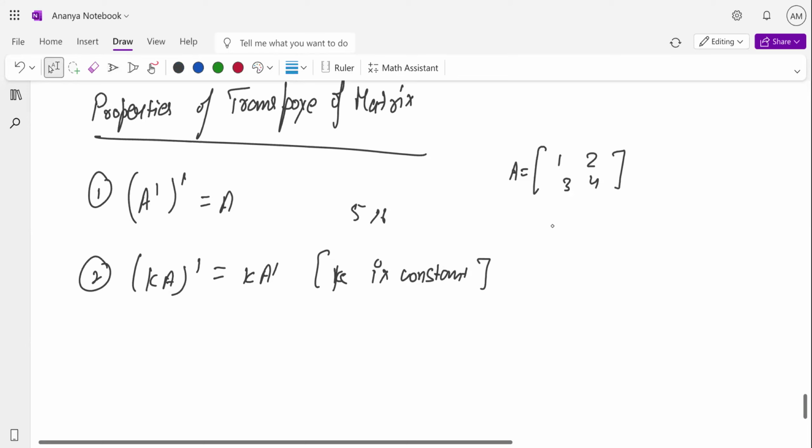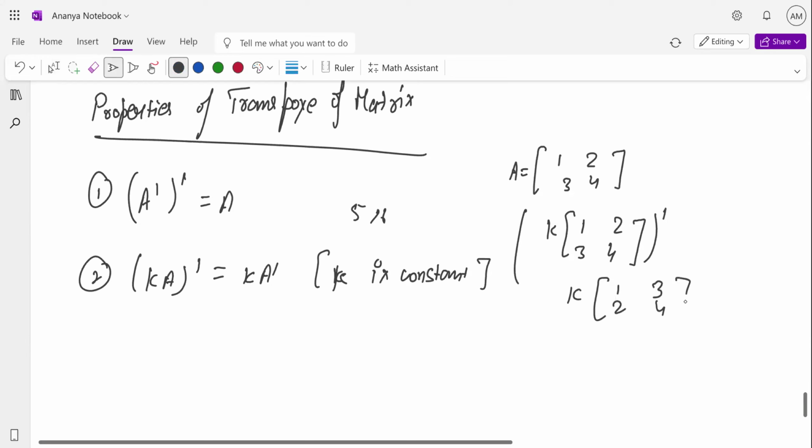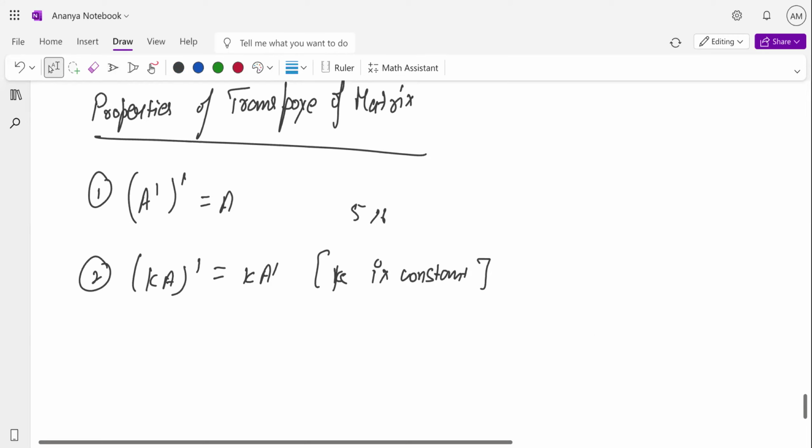If I want to multiply it with, let's say, a random element K, I'll put it like this. Now you're saying transpose the whole thing. It doesn't make sense, as I can take K outside because it's a constant itself. You can do 1, 2, 3, 4, again the same thing, right? So it is K times A transpose. Got it, sir. Keep it outside.